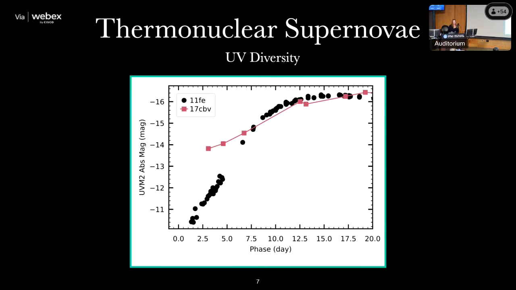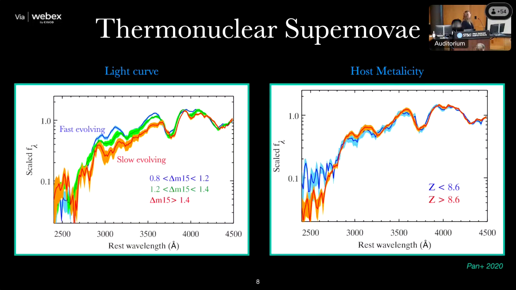And so it's possible that we can do this with spectra and looking to the spectra to try and understand this. So this is using Swift spectra. Most of the spectra I'm going to show are from HST, but Swift for bright supernova can still get really nice spectra. And you can see that there are some trends in the light curve that are related to the light curve.